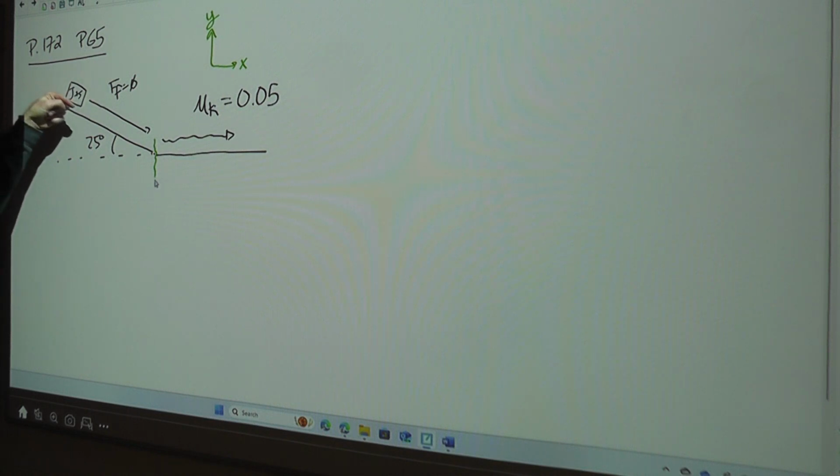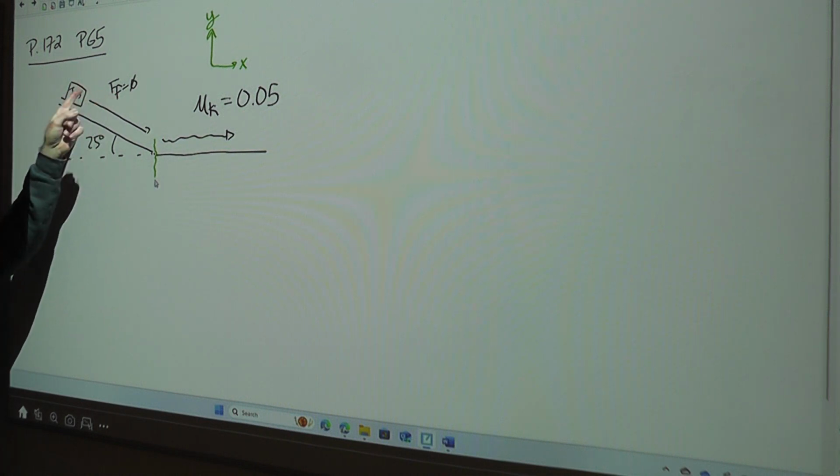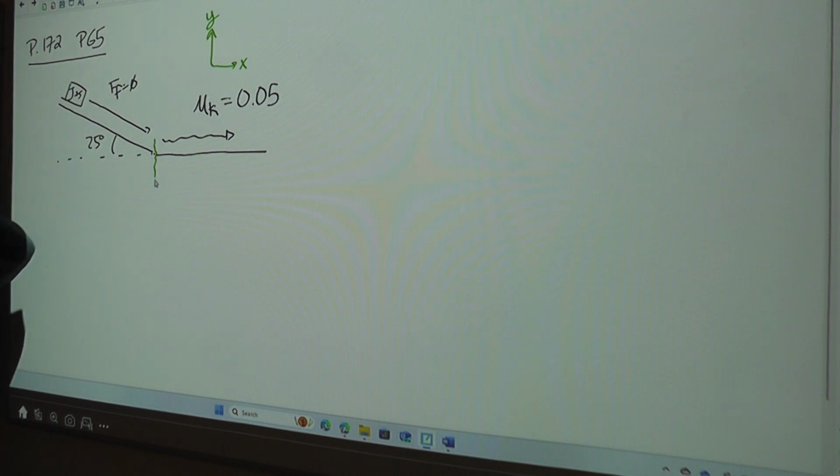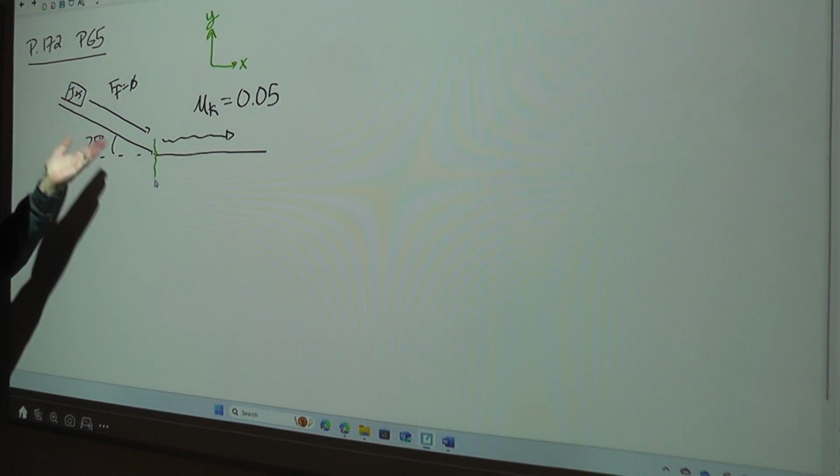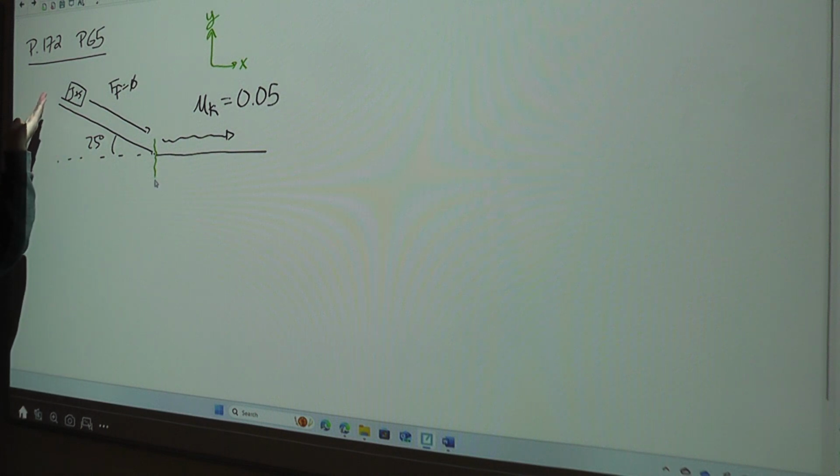The motion of Josh and his sled is parallel to the hill. If there were friction, which there's not in this case, it would also be parallel to the hill, which means we would have forces and motion parallel or perpendicular to the hill. So it makes a lot of sense to use, for the first part of this problem, a set of reference axes that are aligned to the hill.